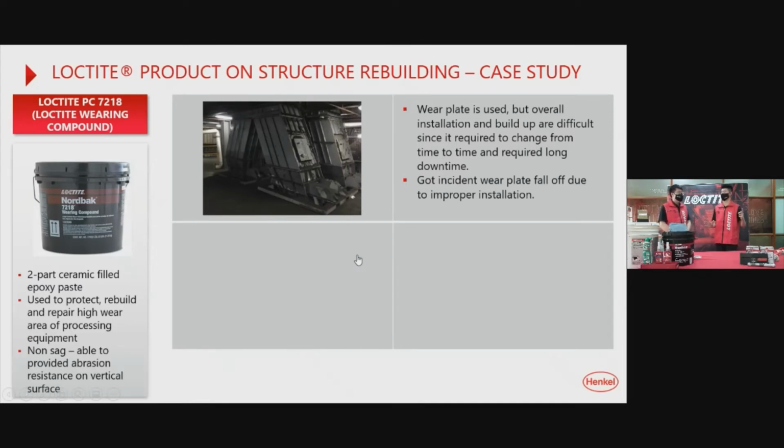They are a quarry company, so they were using wear plates to protect their chute. In one incident, their plate fell off because of improper installation, dropped into the conveyor belt system, and was transferred along the belt, then trapped at one place and started to scratch the whole conveyor belt line.